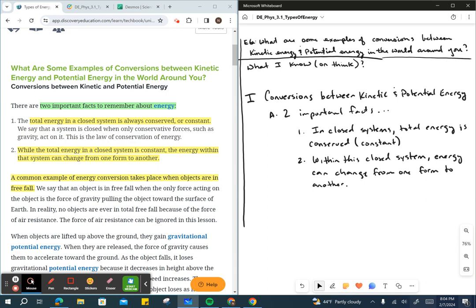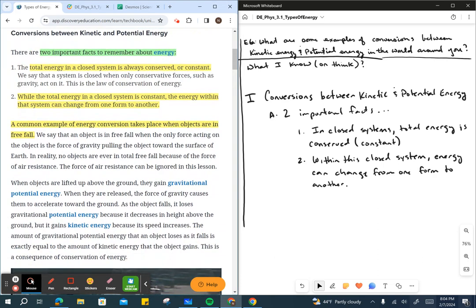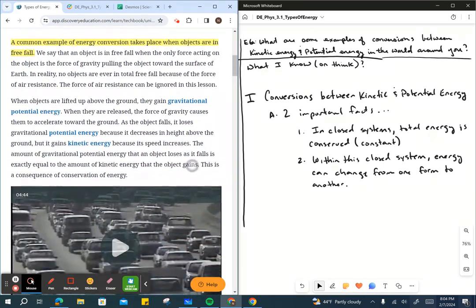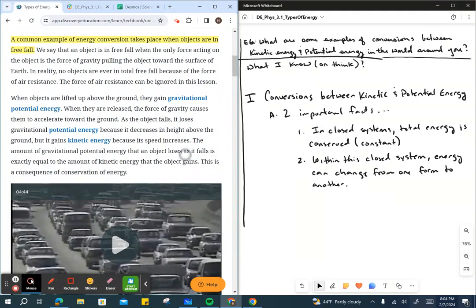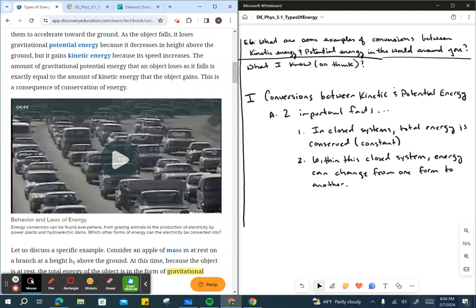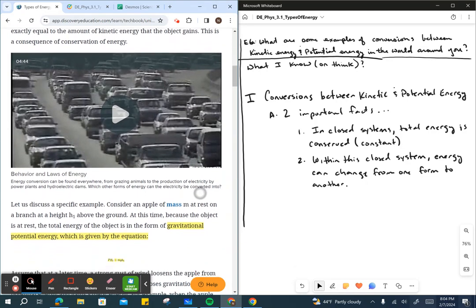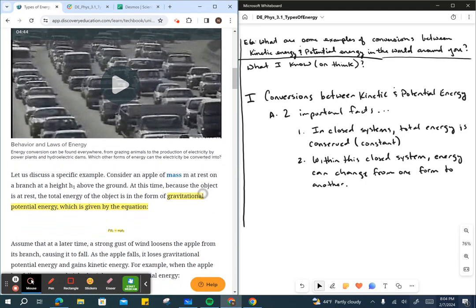Read these next couple paragraphs, okay? I'm not going to read them all for you, but you know the drill. Make sure you read it, okay? But what I do want to do is jump down and get into some examples here. So they give this example of an apple on an apple tree.